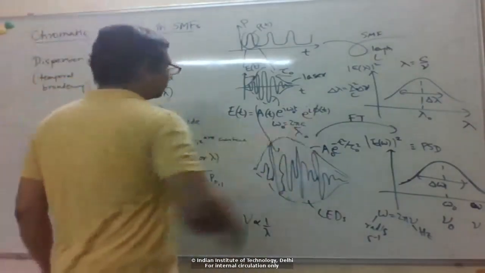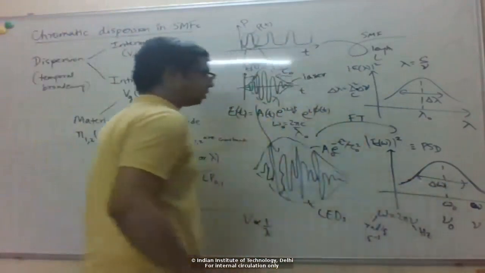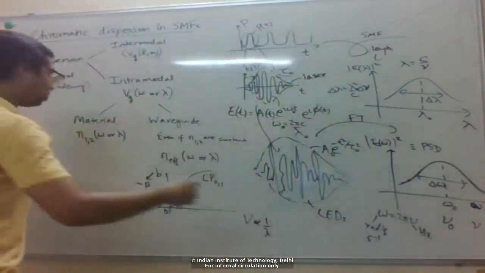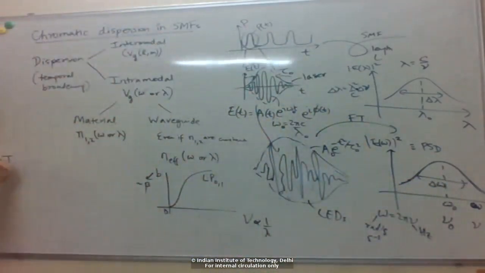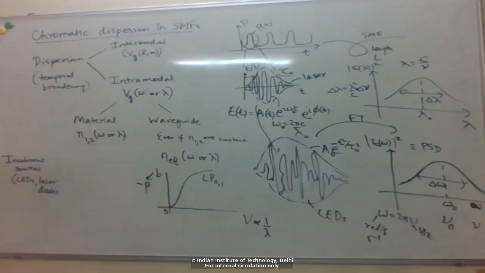Right. So depending on again these phase fluctuations, the width of the spectrum is different. So for incoherent sources, like LEDs, also these devices called laser diodes, which you can think of as multi-mode lasers.